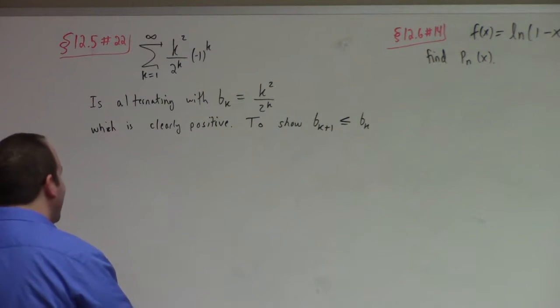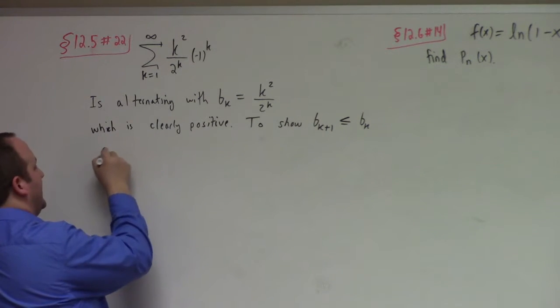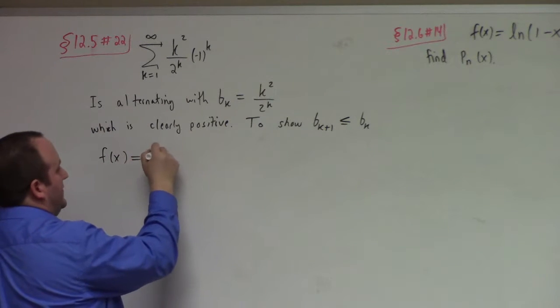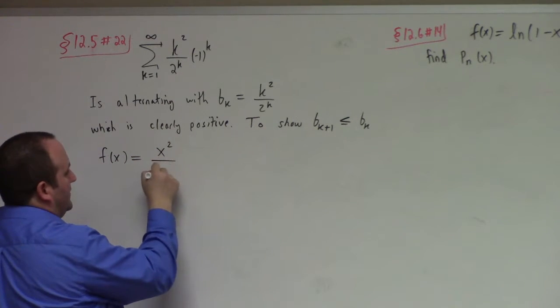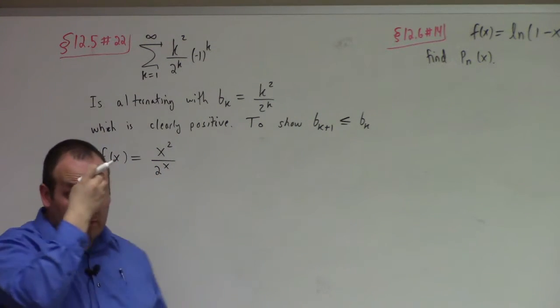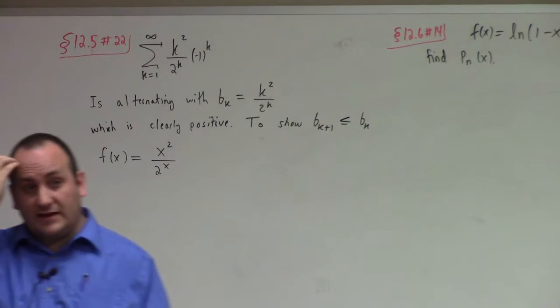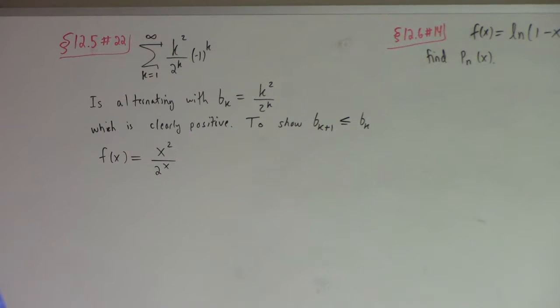But how about this? If we let f of x equal x squared divided by 2^x, all I need to do is show that the derivative of f is negative beyond some point. Then, through the connection between continuous functions and the corresponding sequences, I'll have that the sequence is decreasing. Now that is something we can handle.